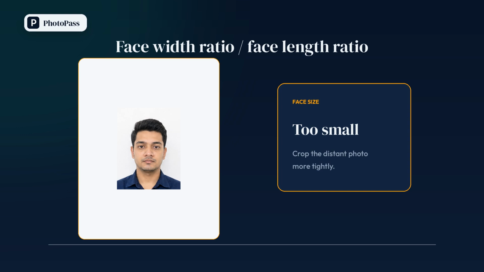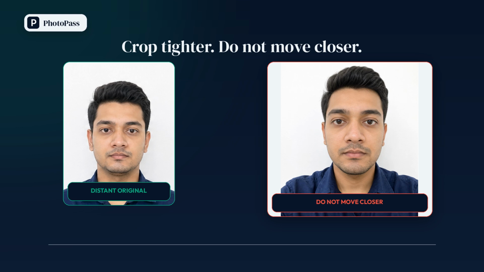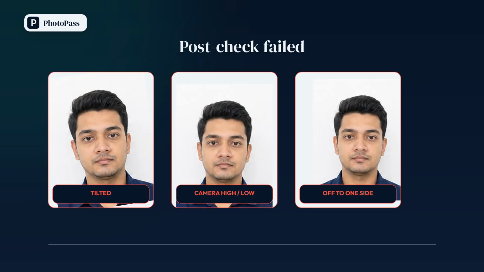If the portal still rejects the photograph, pay close attention to the exact error name. Face width ratio or face length ratio normally means the face occupies the wrong amount of the final frame. If the face is too small, crop the distant photograph more tightly. Do not move the camera closer. Posture check failed generally points to a tilted or rotated head or a camera that was positioned too high, too low, or off to one side.